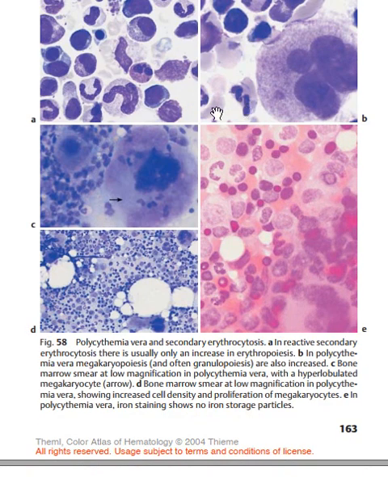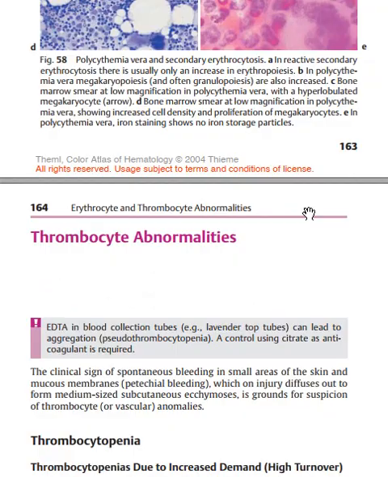Is it clear? Now in diagram D, you can visualize a bone marrow smear at low magnification in polycythemia vera showing increased cell density and proliferation of megakaryocytes. Is it clear? Megakaryocyte. And in diagram E, polycythemia vera iron staining showing no iron storage particles. Is it clear? So those are the different cases of polycythemia vera.